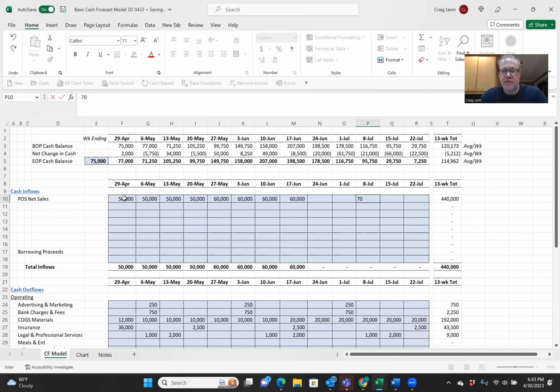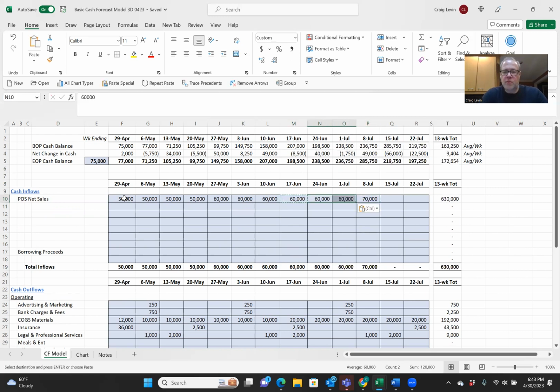And so we're going to say 70,000 this week. And we'll say 60,000 these other weeks. So this is really a way to see your net changes in cash each week that you're projecting and what your cash balance is going to look like at any given week in the future.